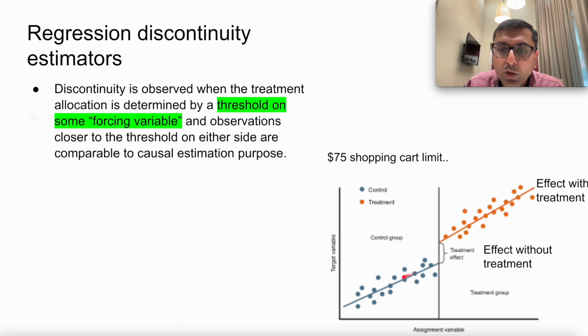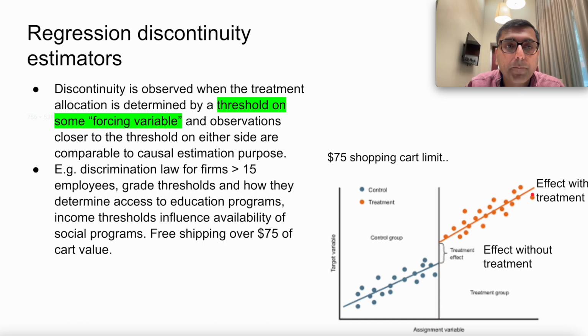So you can easily say, hey, this blue line would have continued this way if there was no treatment, but I added this intervention, the $75 limit, and now all of a sudden there's a lift because of the treatment. Or another example: you're trying to find out about discrimination law for firms with greater than 15 employees.